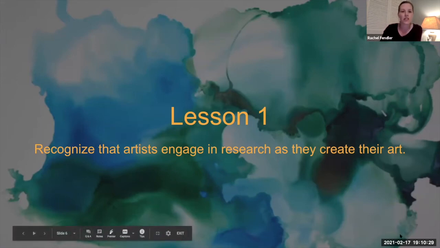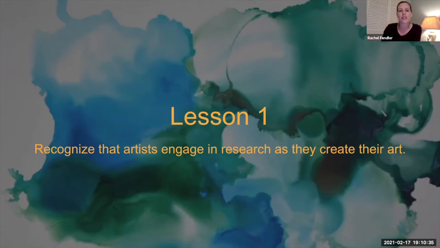And so the lessons here, there are 6 of them, reflect what we deduced to be Kathy's process as an artist. The first step we wanted to focus on was recognizing that artists engage in research as they create their art. That the impetus for an art project isn't a vision of a very specific final physical project, for example, if you're a visual artist, but that they're engaged in a process and the work comes out of that research.